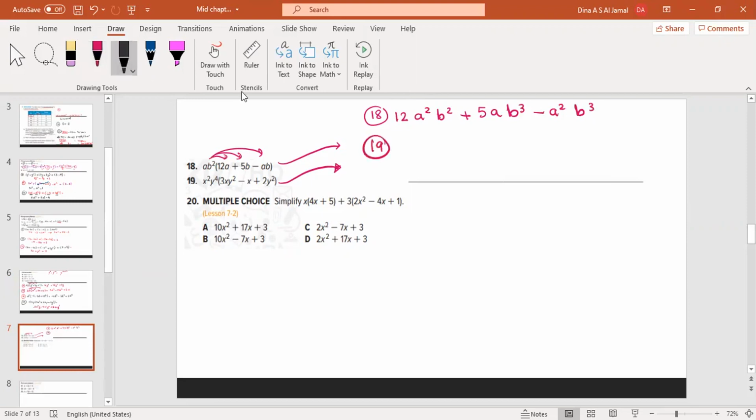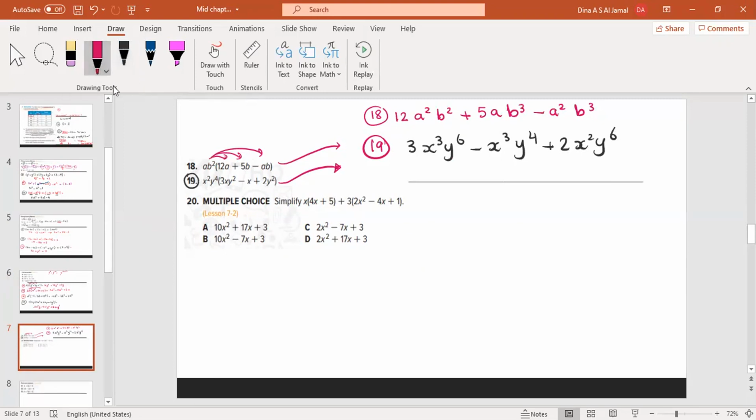So 19 will be giving you 3x cubed y to the power of 6 minus x cubed y to the power of 4 plus 2x squared y to the power of 6. So pay attention to question 19. Now let's go to 20.